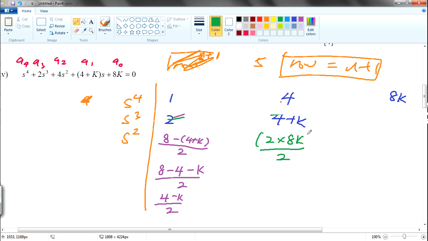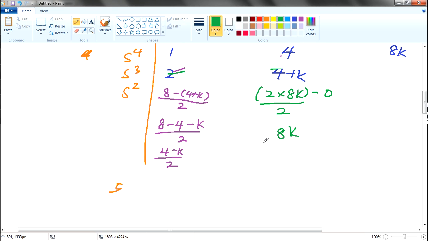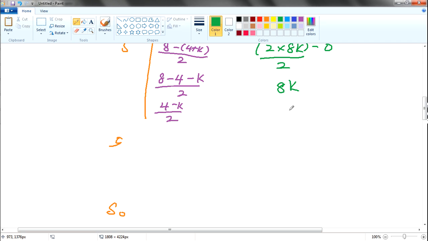So 8k minus 0, since 1 times 0 is 0, therefore we have 8k over here. This is a very vital mistake, so make sure you know. As you can see, my basics aren't right yet. So with this, let's continue.